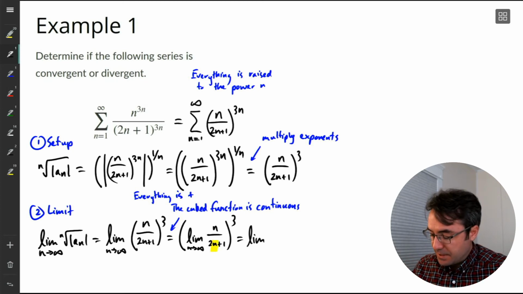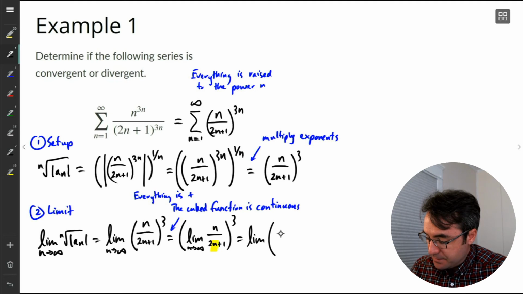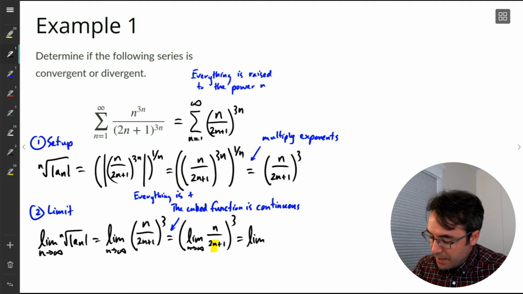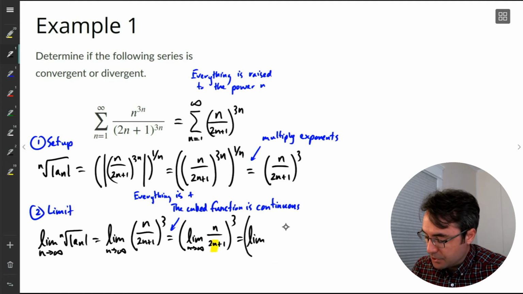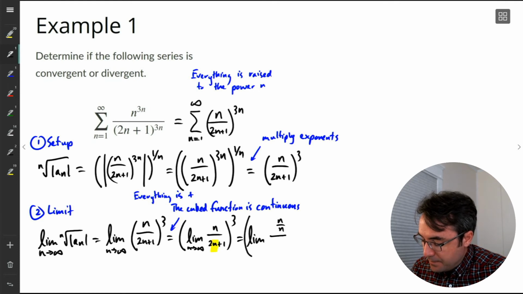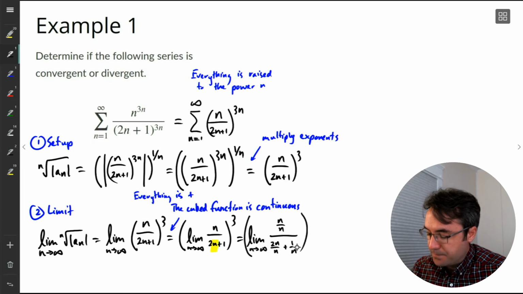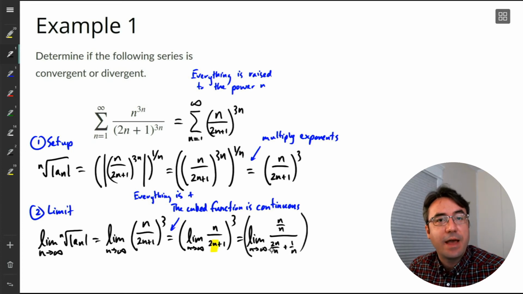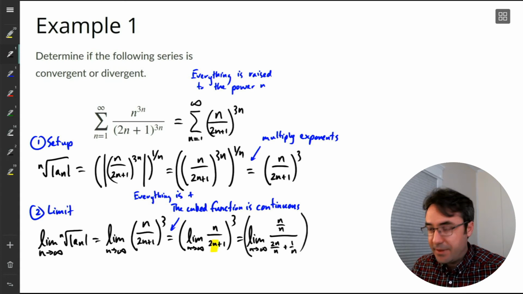All right, so let's apply that method. And the limit is inside the cubed function. So we'll get n over n divided by 2n over n plus 1 over n. So we're just going to our 1 over the largest power of n method there. Simplify this.